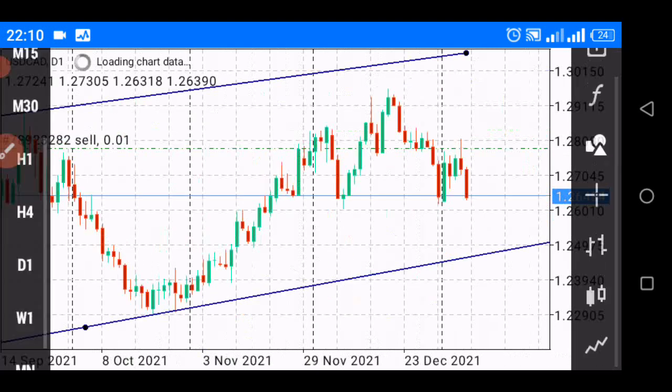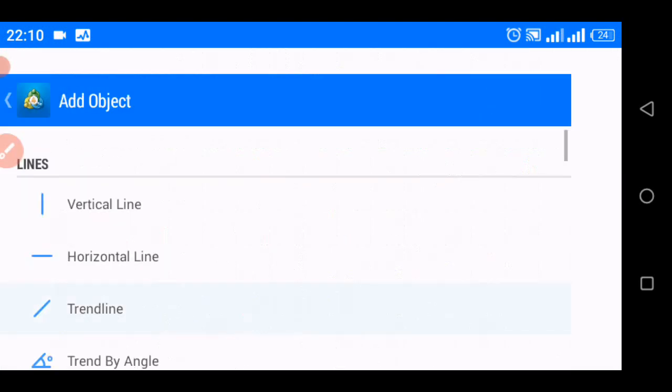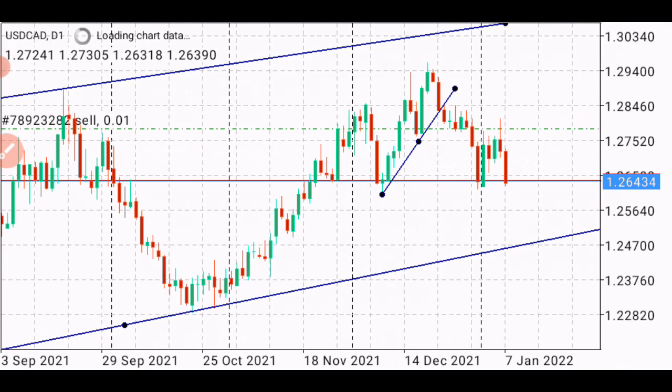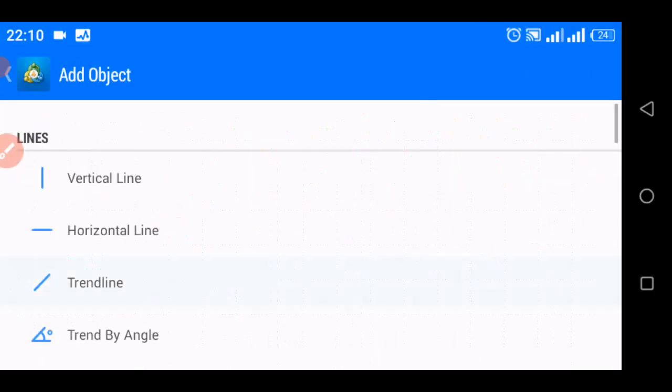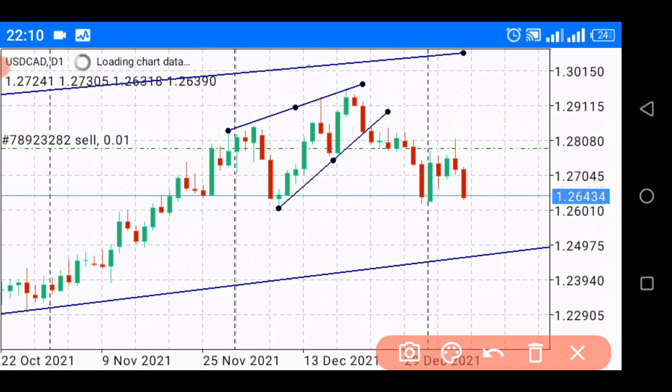I see a movement here that I want to bring to your notice. Do you see that in my first video I did a video about this pair particularly? Do you see an ascending channel here? And we have the breakout of the ascending channel now.